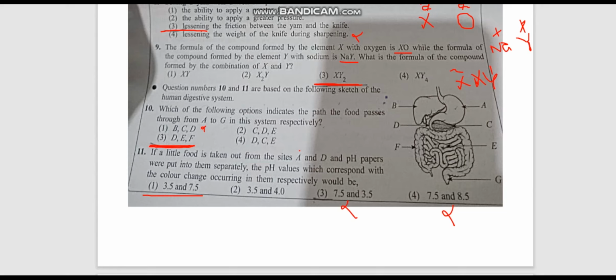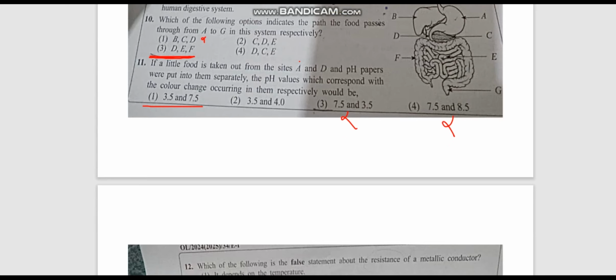At A the pH will be around 3.5. At D it will be around 7.5. Because of the pancreatic juices, food will be neutralized. So you should understand the entire process of digestion very clearly. Then you can nicely answer this question. Alright. So we are done with the 11th question also. Let's move on.